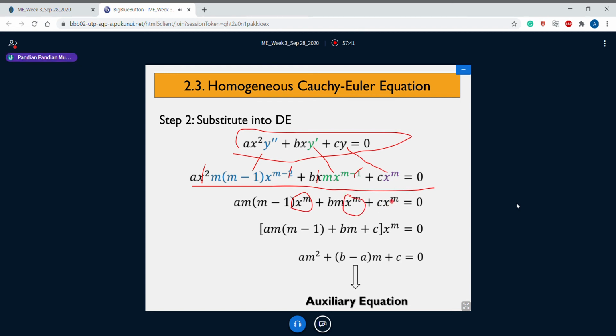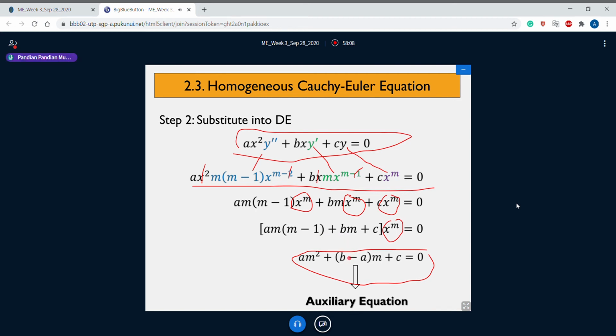So you can take out all these x^m, simplify. It's very important. This theory you must understand very well. You take out x^m, and in the bracket you have am(m minus 1) plus bm plus c, and this equals 0 because your x^m is not 0. So this is am squared minus am plus bm.